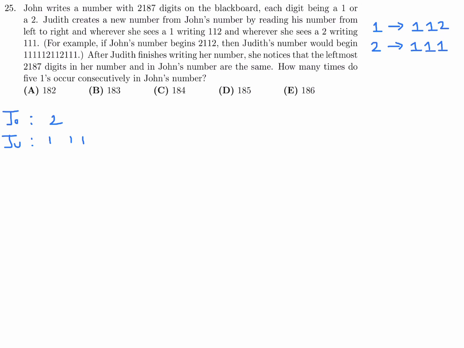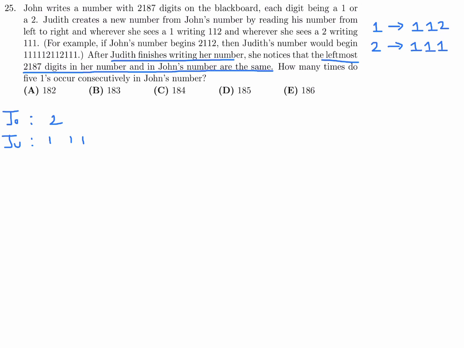Why doesn't it work? Because of this sentence right here: after Judith finishes writing her number, she notices that the leftmost 2187 digits in her number and in John's number are the same. So when we write out all these numbers, we have to make them in a way so that they're always the same until we get to the 2187 digits.